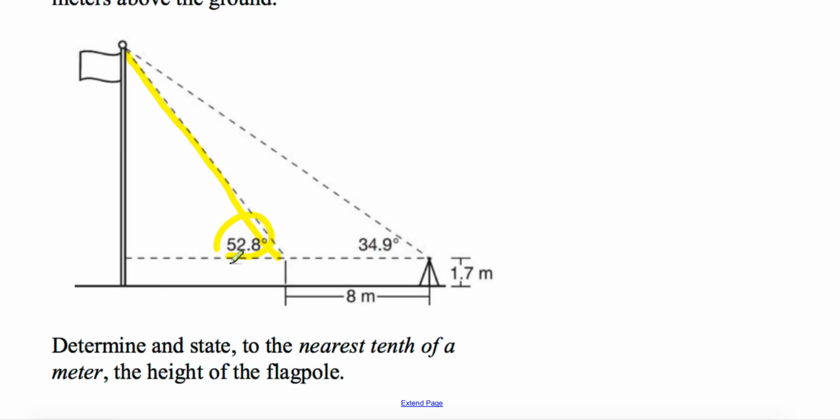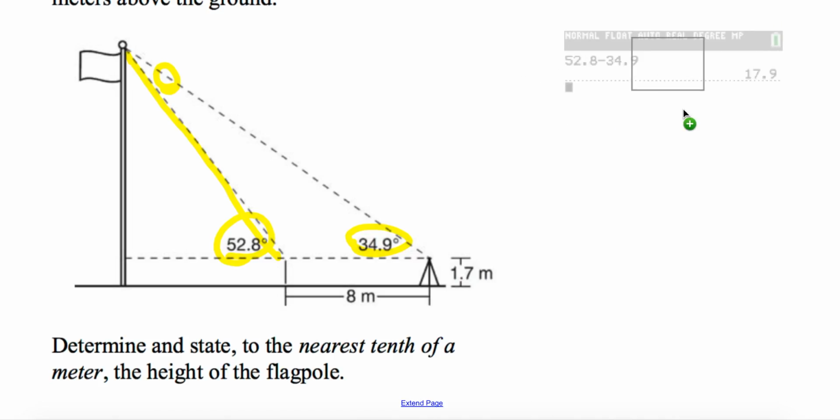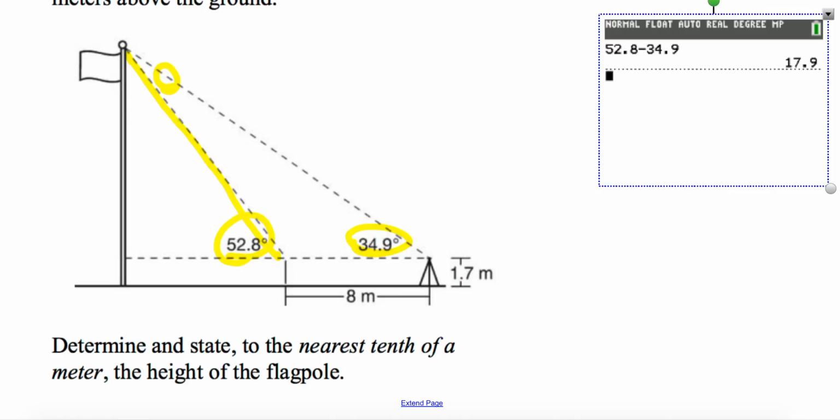Notice that this angle is the sum of this angle plus this unknown angle. So I'm going to do 52.8 minus 34.9. Okay, so that becomes 17.9 here.